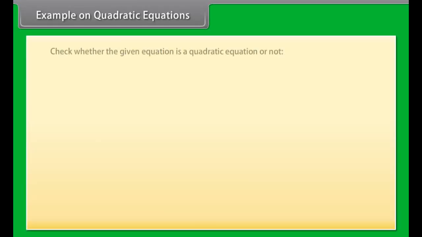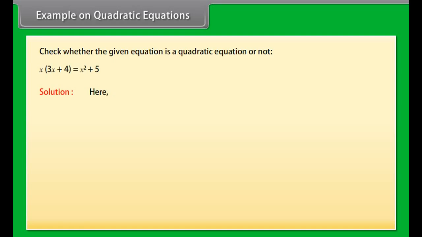Example on quadratic equations. We will now check whether the given equation is a quadratic equation or not. Solution. Here LHS is equal to x into 3x plus 4, which is equal to 3x square plus 4x.